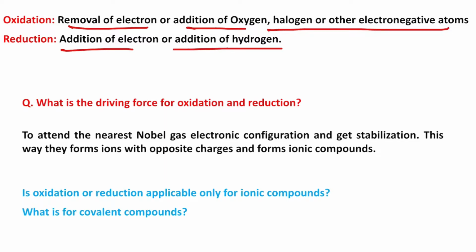Now, if I say addition of oxygen is called oxidation, then if you react oxygen with fluorine, it produces, for example, OF2. So in this case, is oxygen oxidized or reduced?